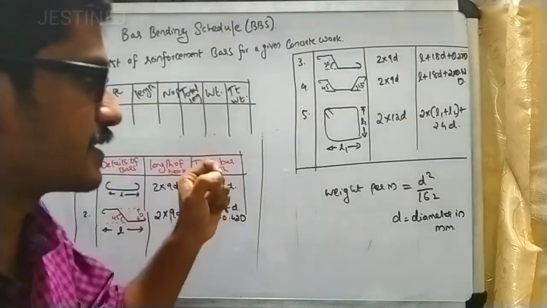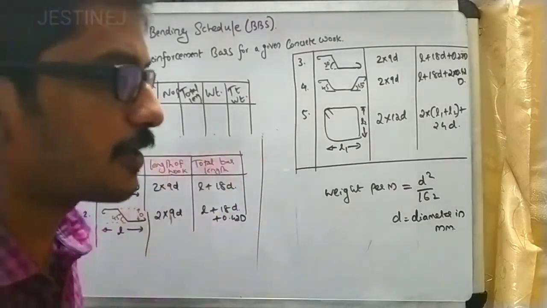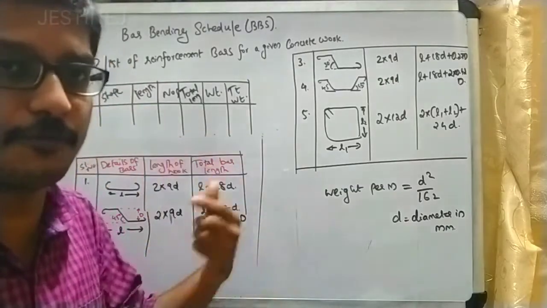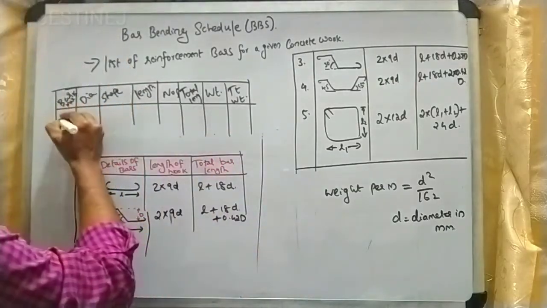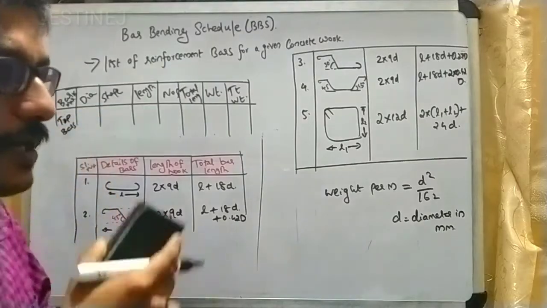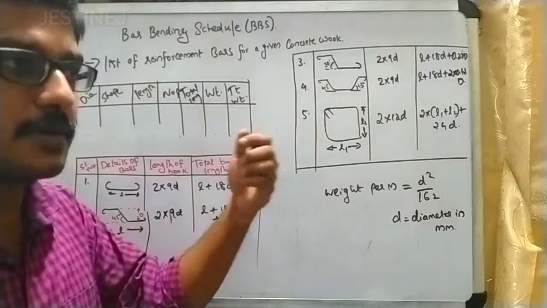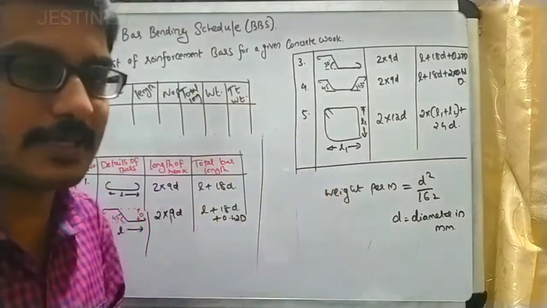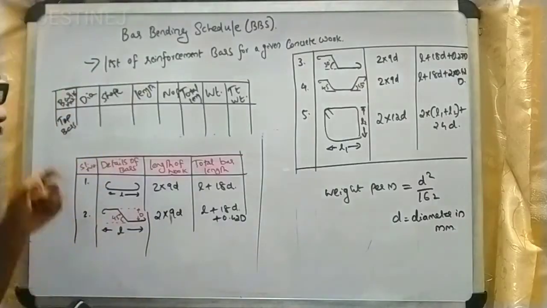mark, which represents whether you are using top bars or bottom bars as reinforcement, and you can write it down. Likewise, in the case of constructing a beam, sometimes we have to analyze both top bars and bottom bars. The second column is diameter.